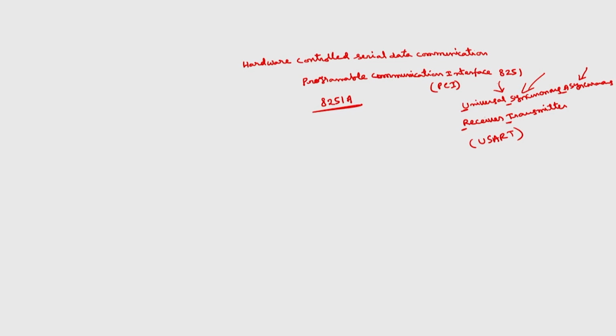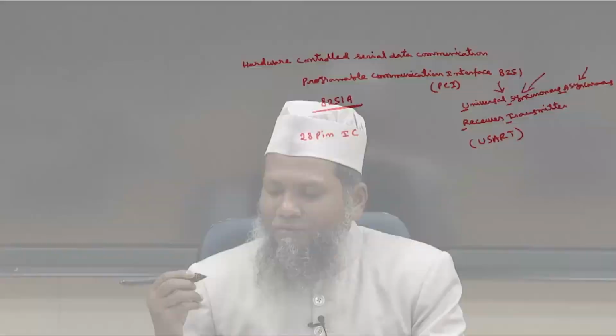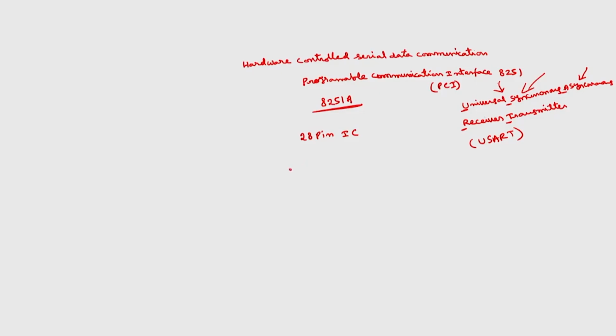Now, coming to this 8251A or 8251, this is a 28 pin IC. To control this synchronous as well as asynchronous operations, totally it has 5 sections or blocks.